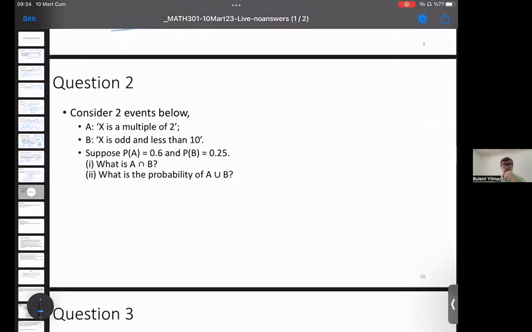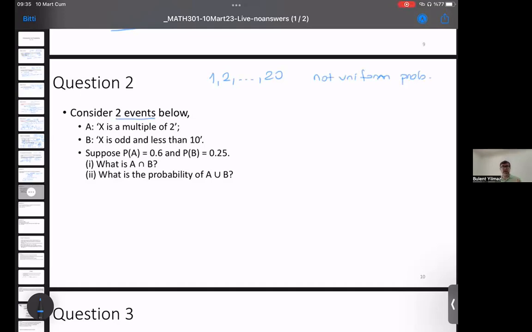So let us read the question. Again, I am generating integers between 1 and 20, and probabilities are not uniform. And I have 2 events.